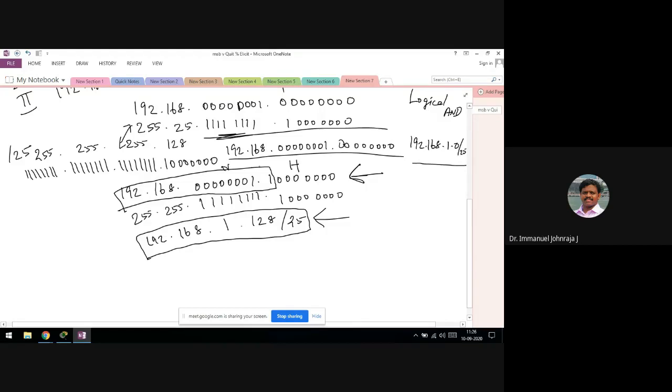Now our statement says network address is an address where all the bits in the host portion are 0. Do you agree that this is a network address? Yes, you have to agree that this is a network address. Then what is the first usable host address, sir? You will add 1 to this. So what will I write if I write this in decimal?